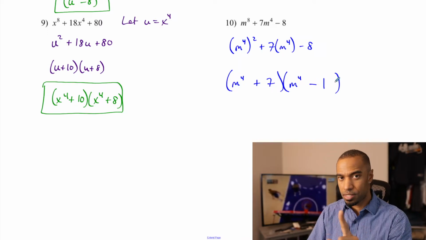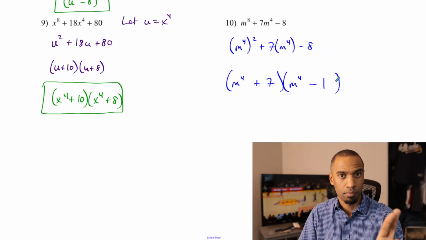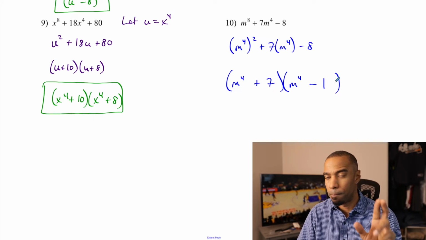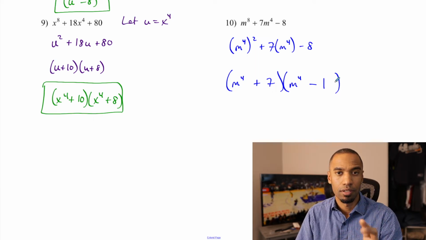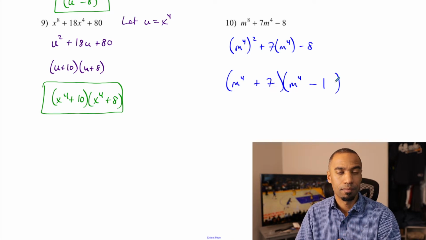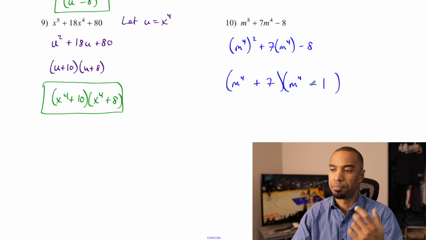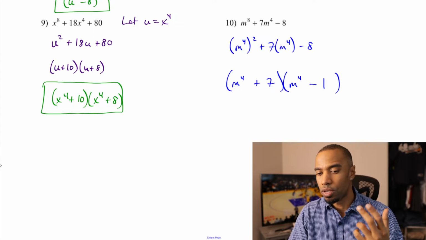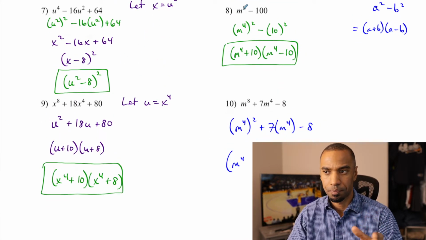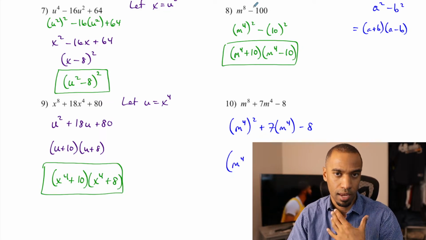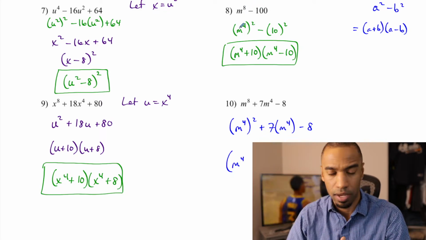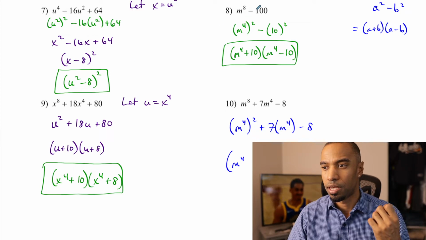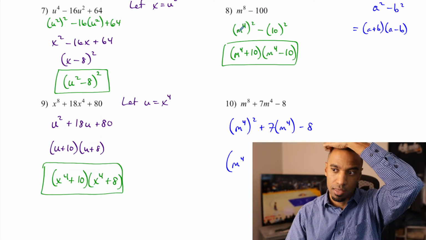Now, this is the first problem of sorts where within the factorization, there is actually deeper factorization to be had. You might wonder what I'm talking about here. m to the fourth minus 1. If you look at the previous problem, we had m to the 8th minus 100, and I asked you to factor, and we say, hey, we've got a difference of two squares, because 100 is 10 squared, and m to the 8th is m to the 4th squared.